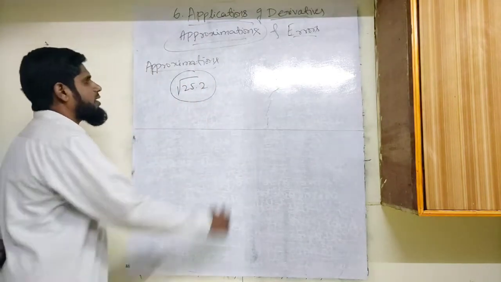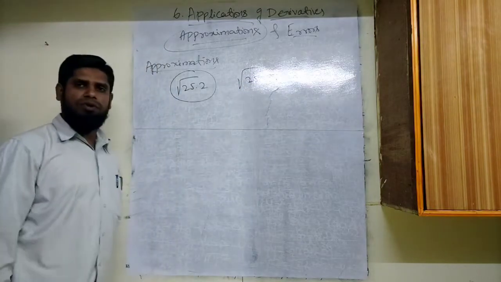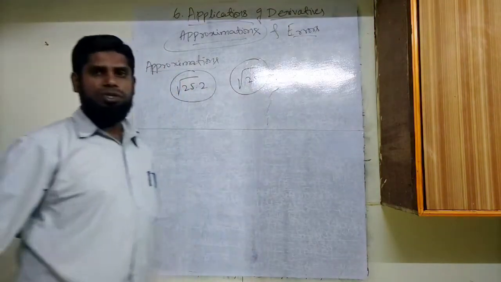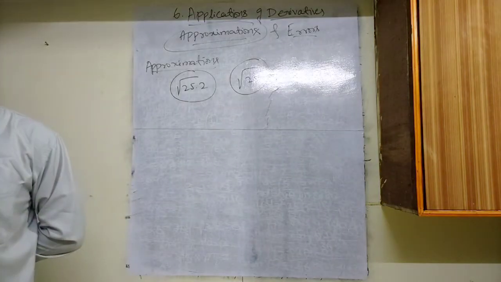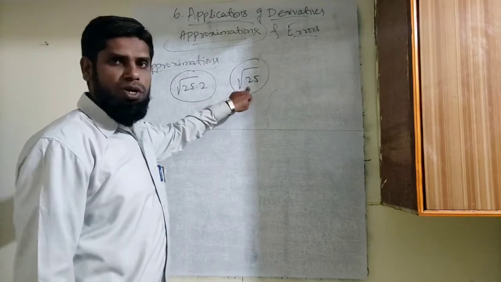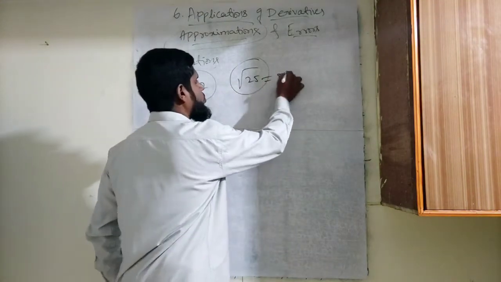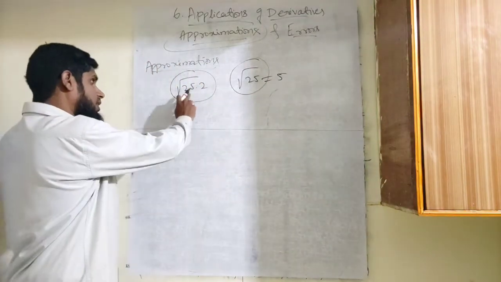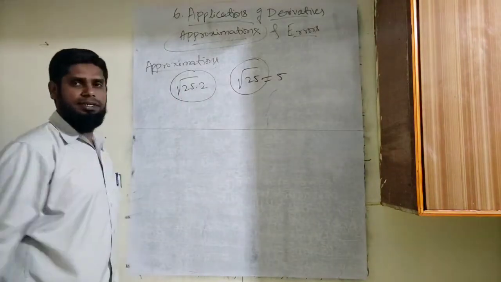Because if you ask to find the approximate value of root 25, it is meaningless, because we know the exact root of 25, so it has an exact value. Its value is 5. So here it cannot be an approximate value. But in case of this, you can ask to find the approximate value of this quantity.